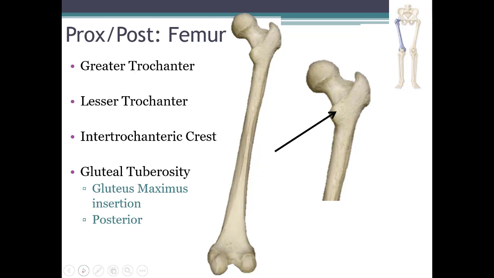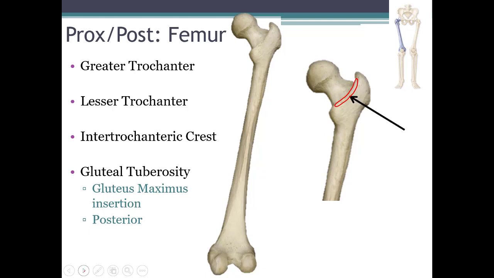In the humerus, we have the greater tubercle and the lesser tubercle. And then in between the tubercles, we had a narrow groove called the intertubercular sulcus. Here, between my trochanters, instead of a sulcus, I have a large prominent ridge called a crest. And since this ridge is between two trochanters, we call it the intertrochanteric crest.